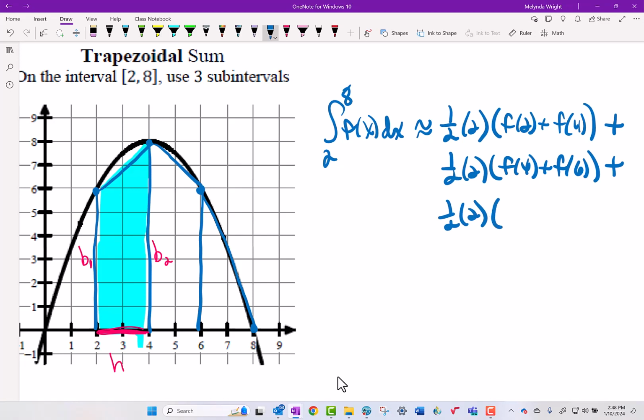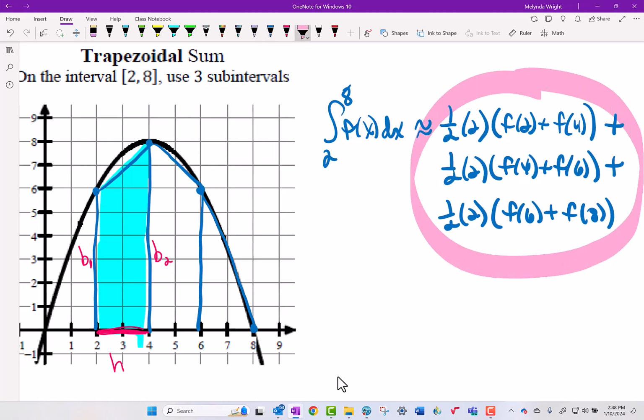My base 1 would be f of 6, and my base 2 would be f of 8. And again, this part right here is really important. You have to write that part. You can't just do it in your head, and you can't just write it on the graph either. You have to write it out like that.